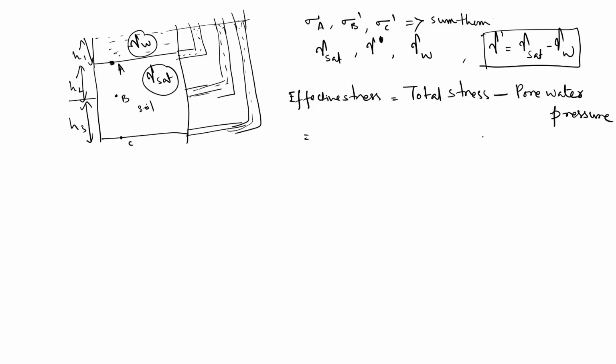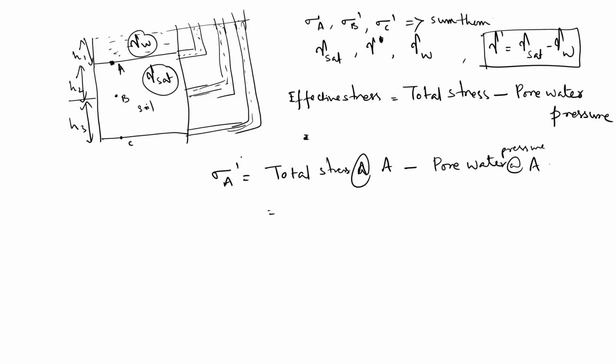This is how you need to calculate gamma submerged. Anyway, now we'll see. First of all, sigma A dash, which is total stress at A minus pore water pressure at A. So what is total stress at A?